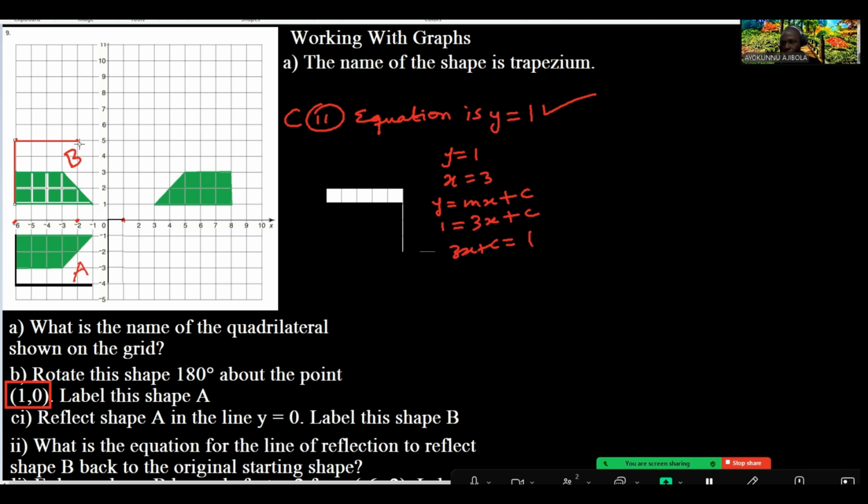And this place. So if I enlarge this, I have a new shape, okay? I have a new shape.